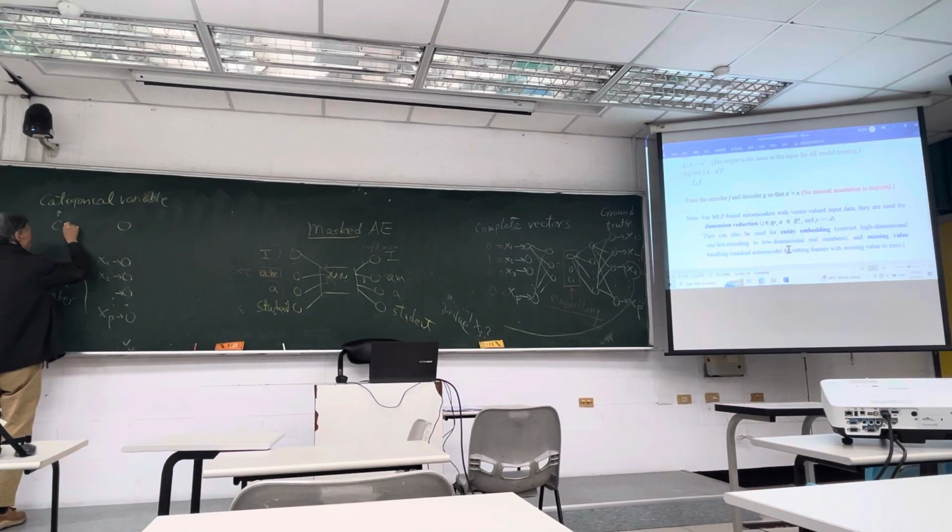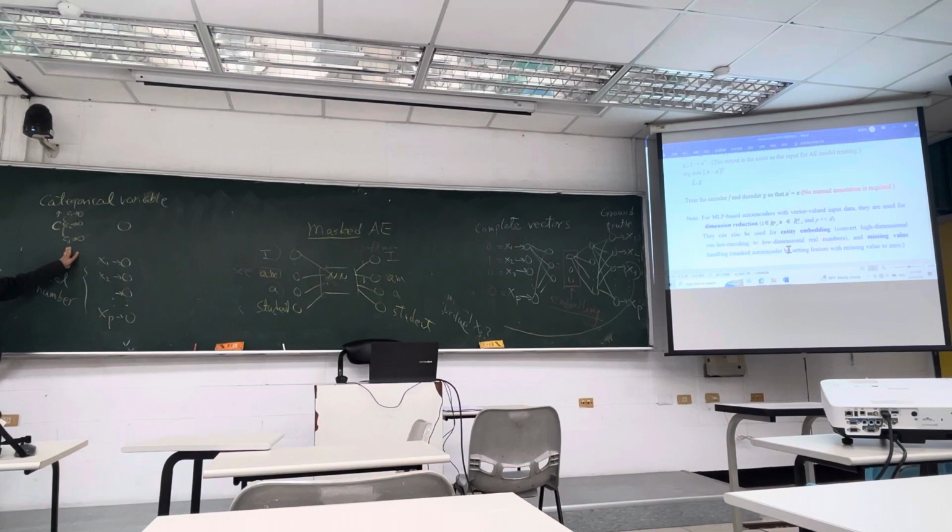Now the C1, we put it as one-hot encoding, called C. Then we have a variable C, then we put it to be C1, C2. Suppose CD. D is the dimension, right? The entity embedding dimension we want to reduce.